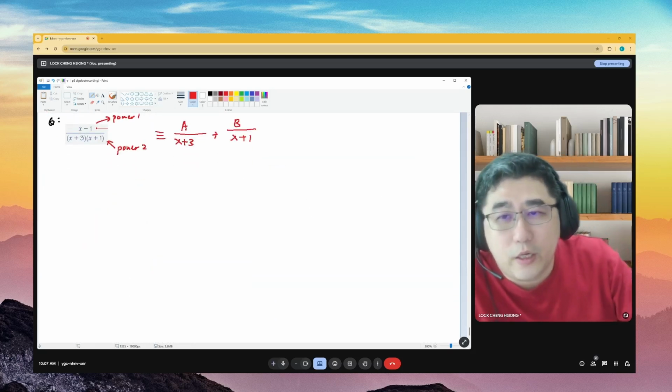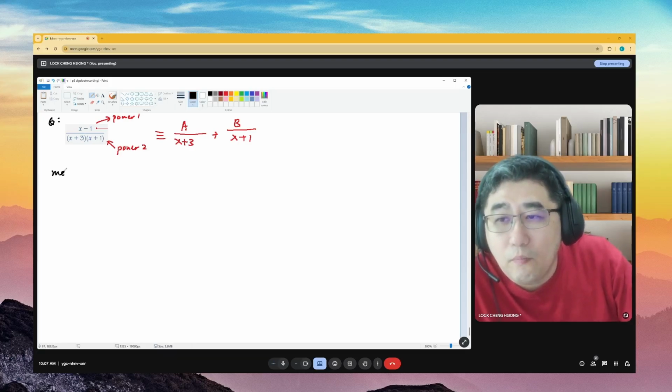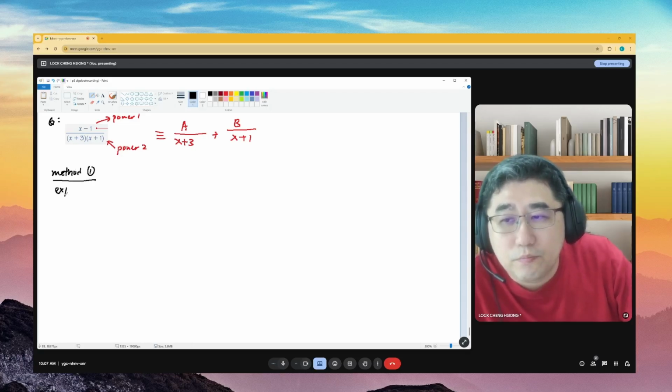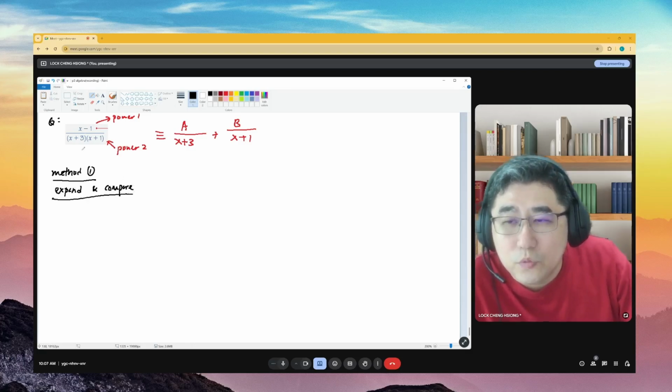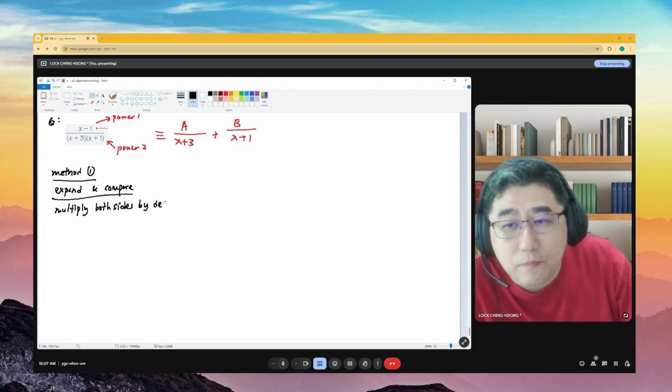Method 1, expand and compare. First, I multiply both sides by the denominator.